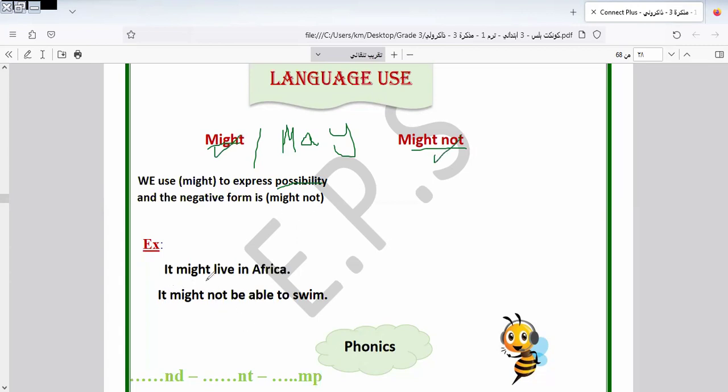Here we have, it might live in Africa. It might not be able to swim. So here is might in affirmative or positive form. I will write the first letter: N means negative, A means affirmative. Okay, let's continue the rest of the unit to answer the questions related to this unit.